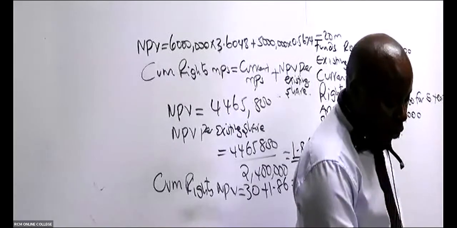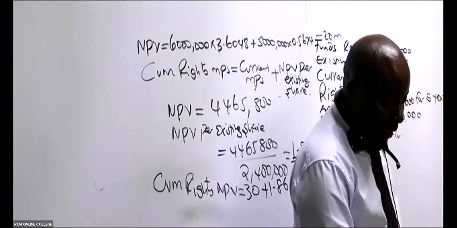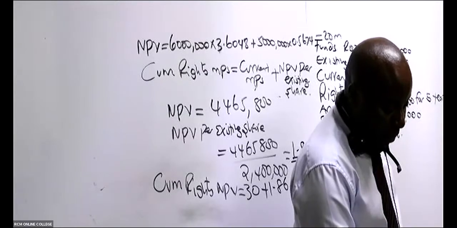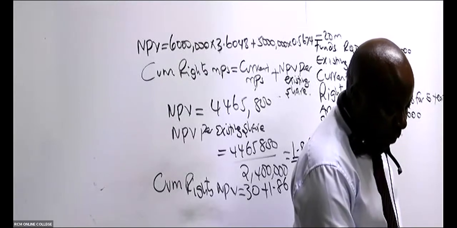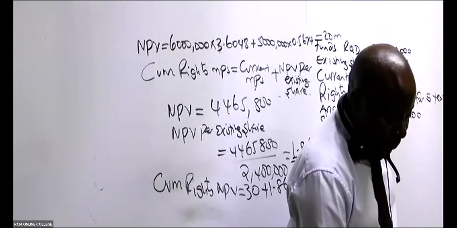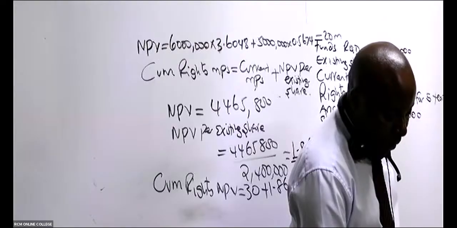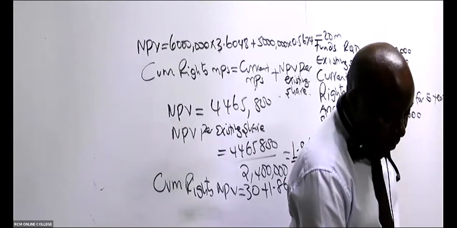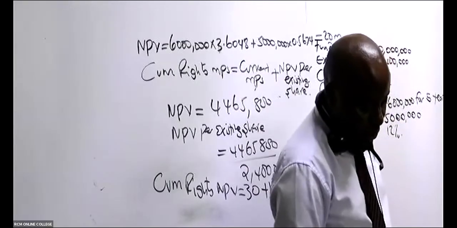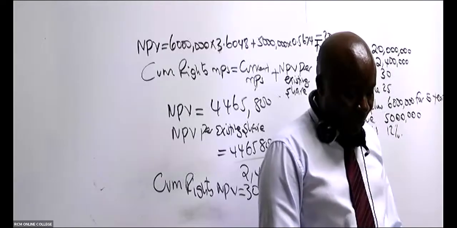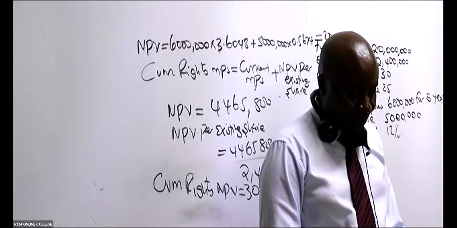How many rights do we need to be able to buy one new ordinary share? So how shall we be able to do this really?